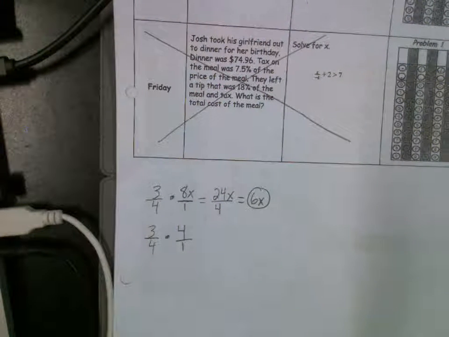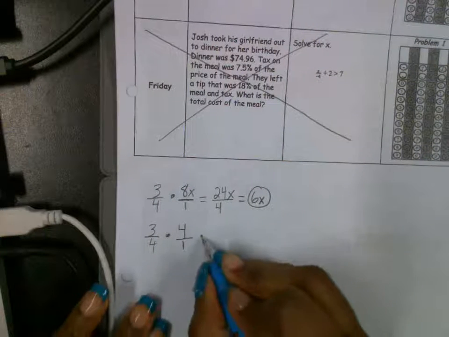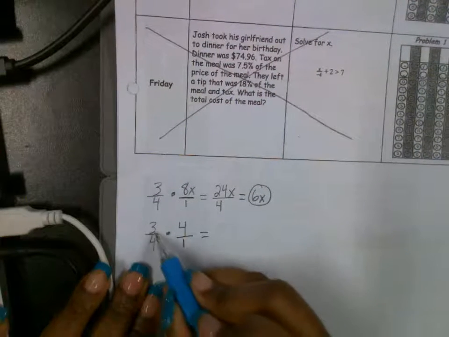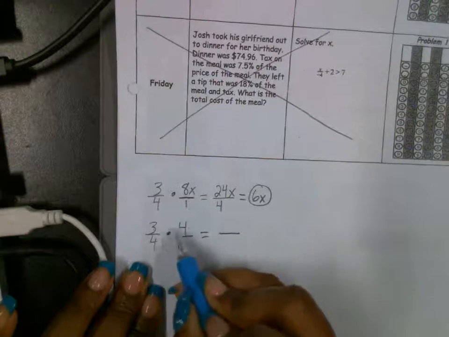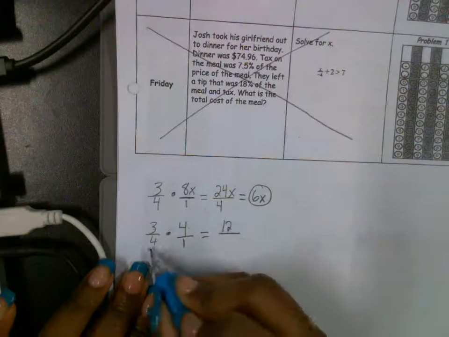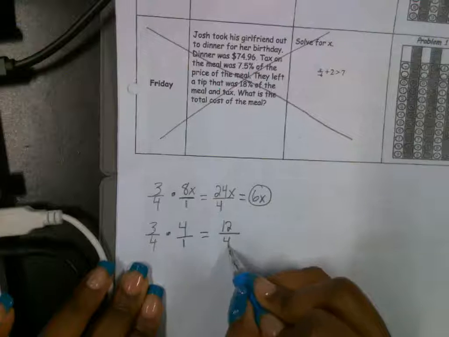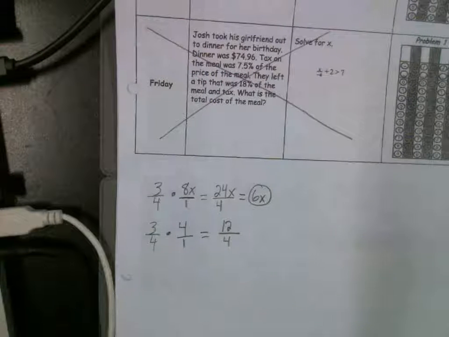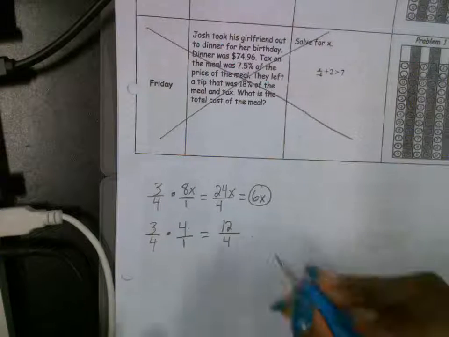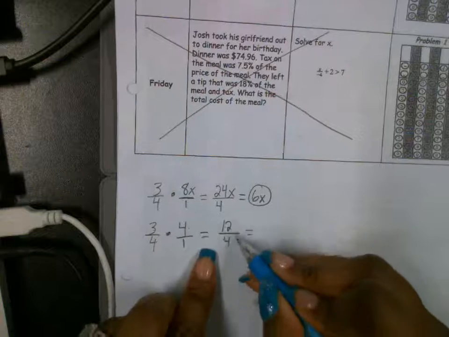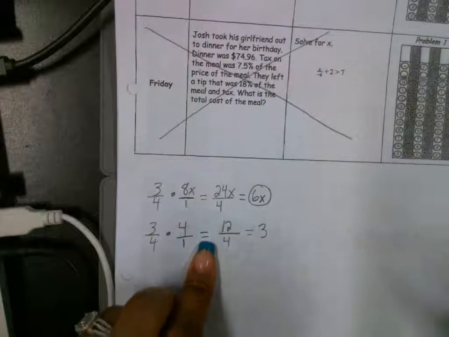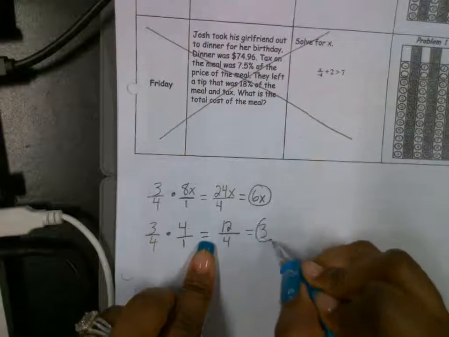Okay? Now, what am I going to do? Multiply how? Straight across. Good job. So when I multiply straight across, on the top, what do I get? 12. And on the bottom, 4. So lastly, what's going to be my answer here when I simplify this? 3. 12 divided by 4 is 3.